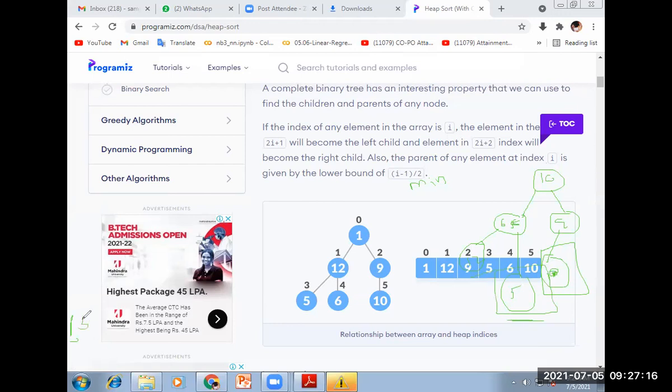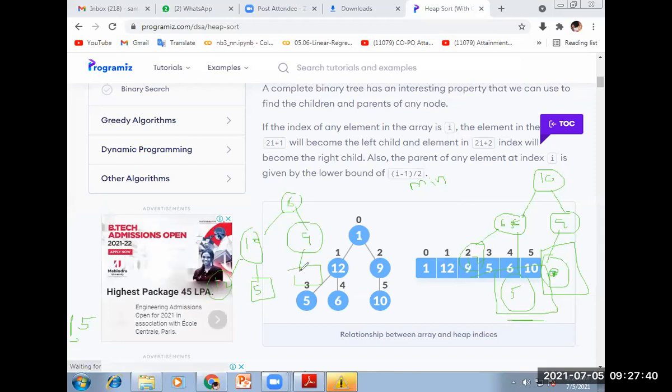Now 1 and 5 are in the sorted part. Then we rearrange this tree, so the next minimum element comes to the top. So 6 comes to the top, then 10, then 9. This one is 12. The remaining 5 and 1 are in the sorted part.